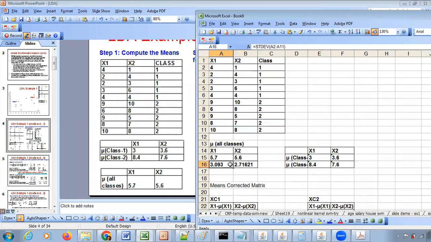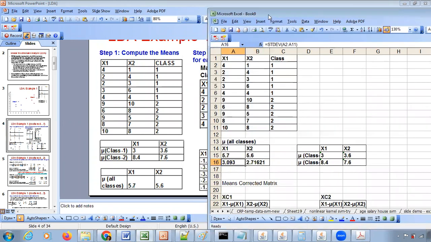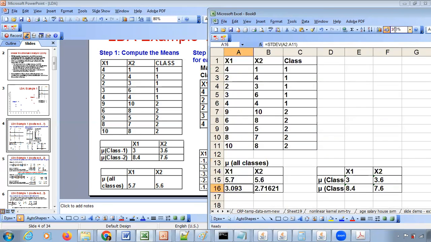This is just the standard deviation for our reference. As I said, the standard deviation is expected to be the same for each feature. The standard deviation of X1, from A2 to A11, is 3.093, and for X2, from B2 to B11, it is 2.71621. So they're close enough to each other.